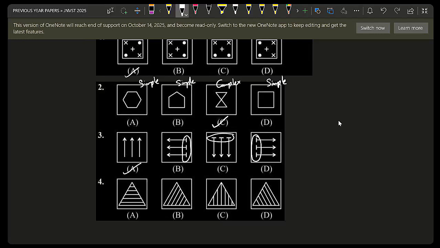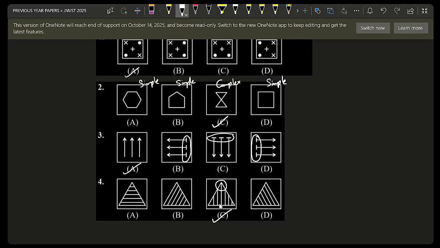Options A, B, and D are same. If you just rotate them, A, B, D, in different angles, you'll get it. But option C is different because these markings of straight lines are starting from the corner. But in options A, B, D, it's not happening. So option C is the odd one out.